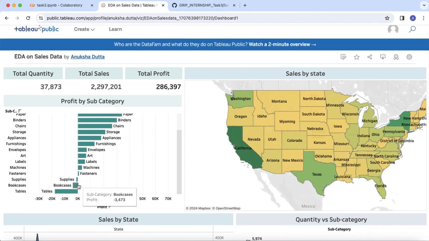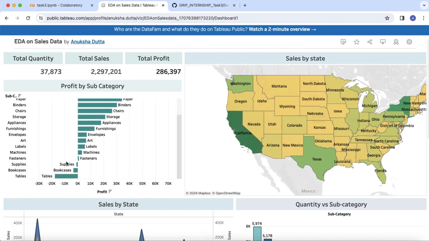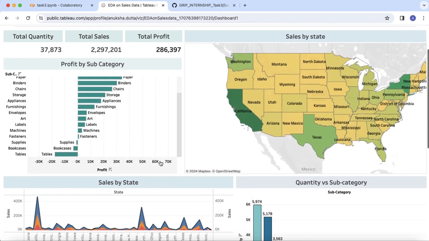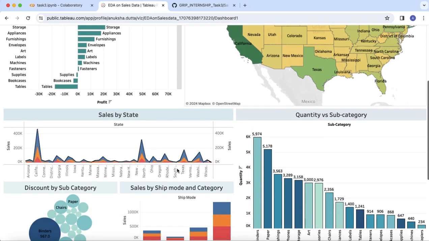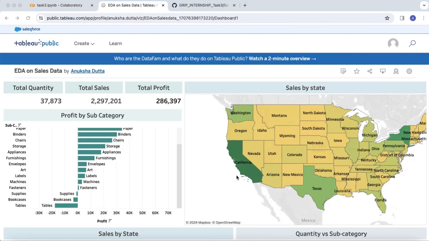For example, supplies, bookcases, and tables have a significant amount of loss. We can inquire further as to why that is the case and try to focus on improving sales in these areas. Overall, by analyzing the data, we can make such improvements to earn better sales.